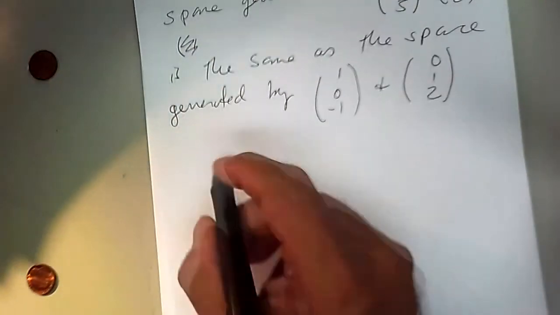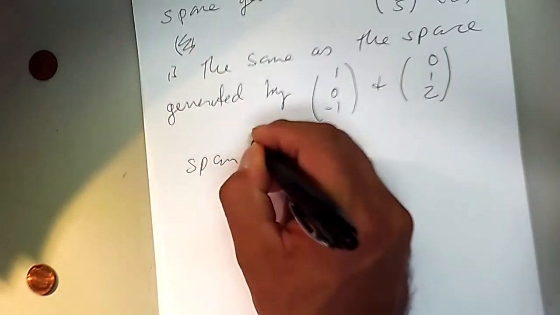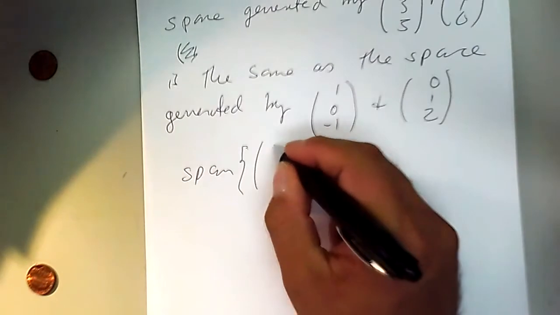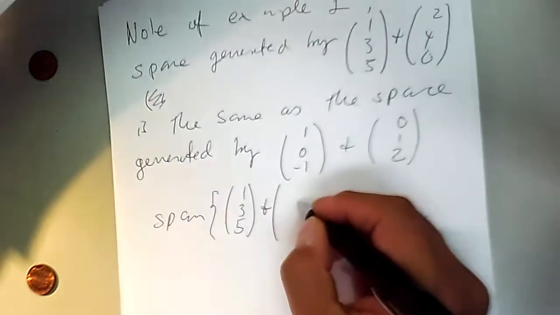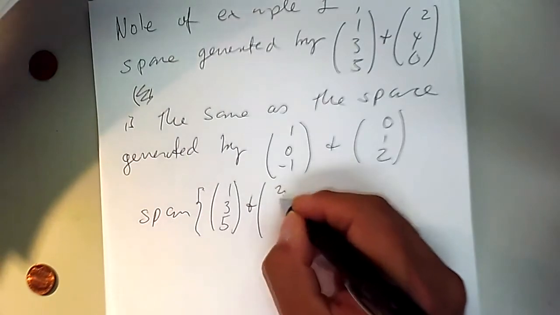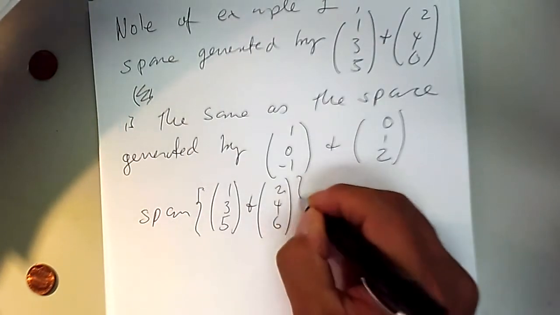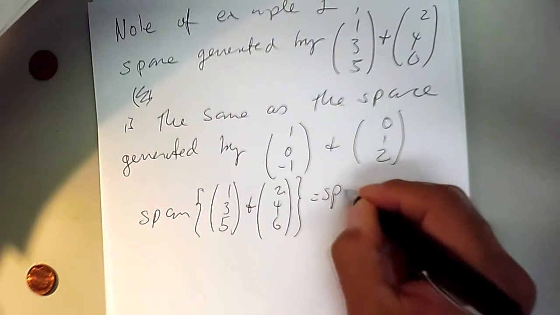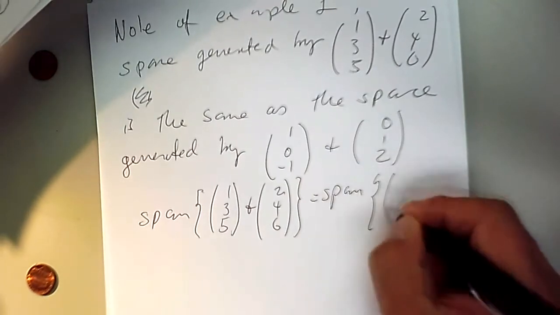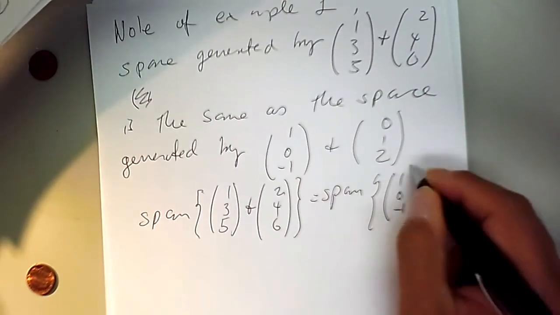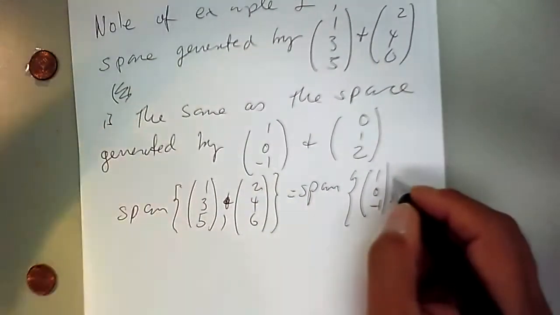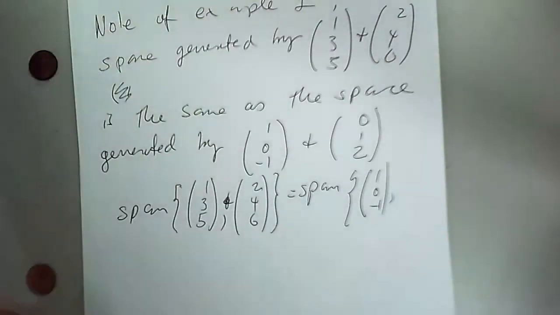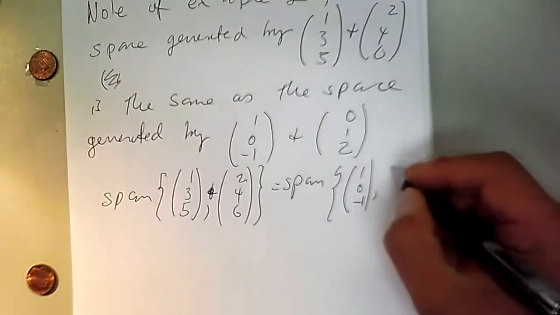Another way to say this is that the span of 1, 3, 5 and 2, 4, 6 is the same as the span of 1, 0, negative 1, comma, and then 0, 1, 2.